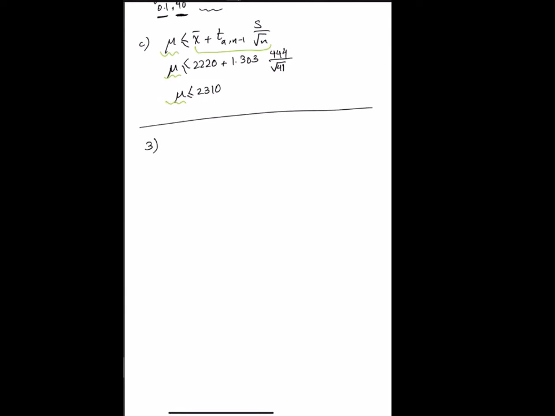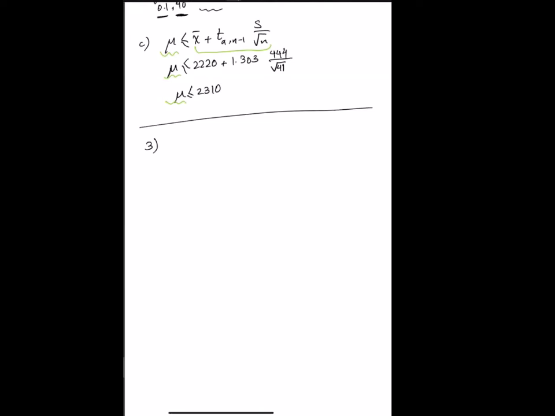Then we'll do another one together. During an independent research, 2,500 randomly selected people were interviewed about whether they visit their dentist for a regular dental checkup or not. Only 2,000 gave a positive answer. Calculate a 95% two-sided confidence interval on the proportion of people who regularly visit their dental doctor.